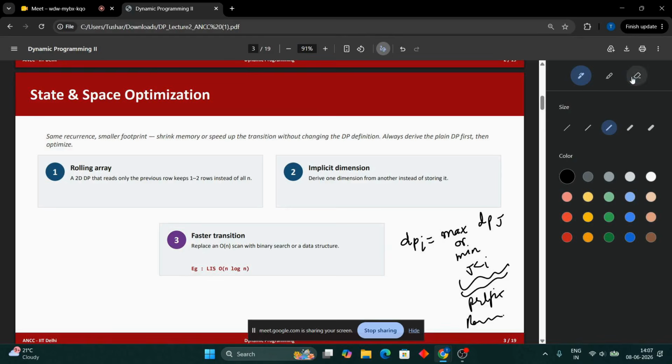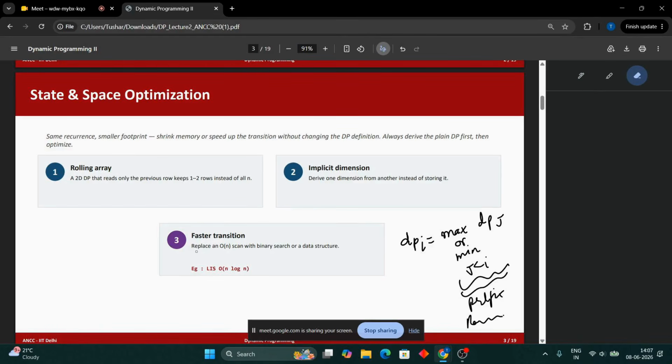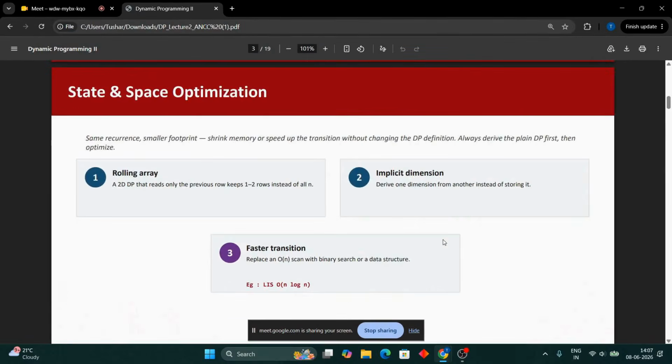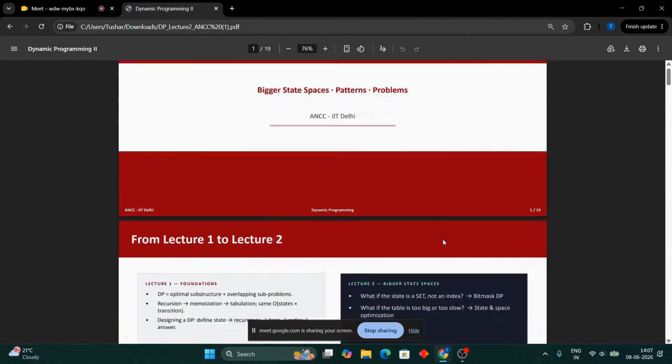Also, in the last class we saw calculating the longest increasing subsequence, in which our transition was O(n squared). Basically, we iterated over all the indices less than the current index, but we can also speed it up to O(n log n). We'll see that today.